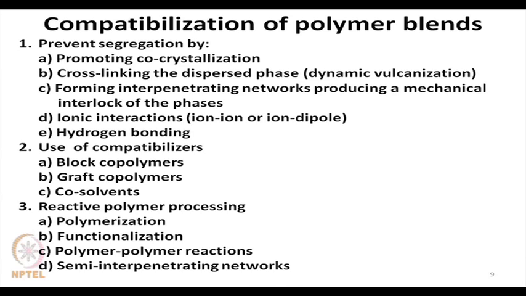Now, that principle has been used as a method of preventing segregation of the component polymers in the blend by promoting co-crystallization. Now, crystallization is a kind of purification technique, we know, means that one material can be purified by crystallizing in presence of other impurities.